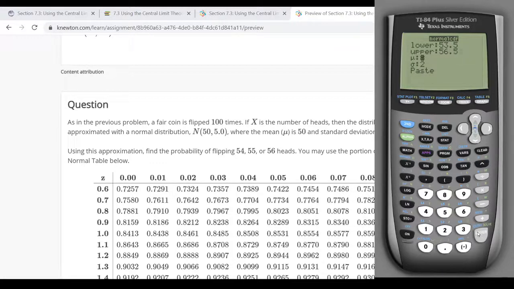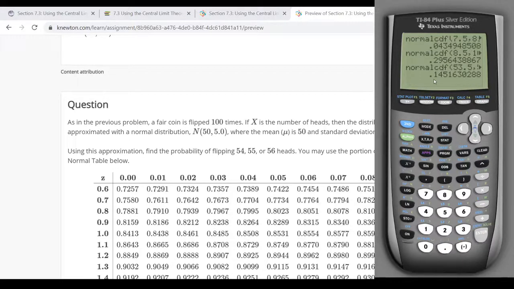That will include all three of those bars. And we found earlier that this binomial is approximated by a normal distribution with a mean of 50, so mu is 50, and a standard deviation of 5, so sigma is 5 there.